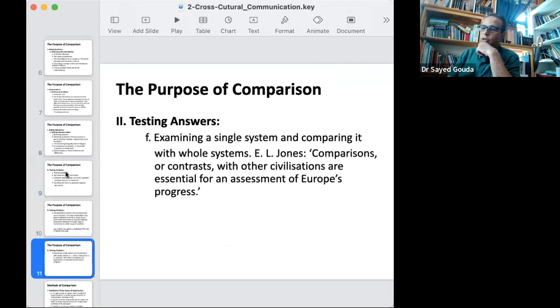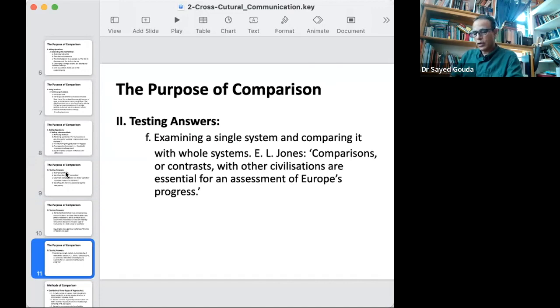And also we can examine a single system and compare it with a whole system, like comparing one civilization and another. And this is very essential for scholars in order to understand their own civilization.